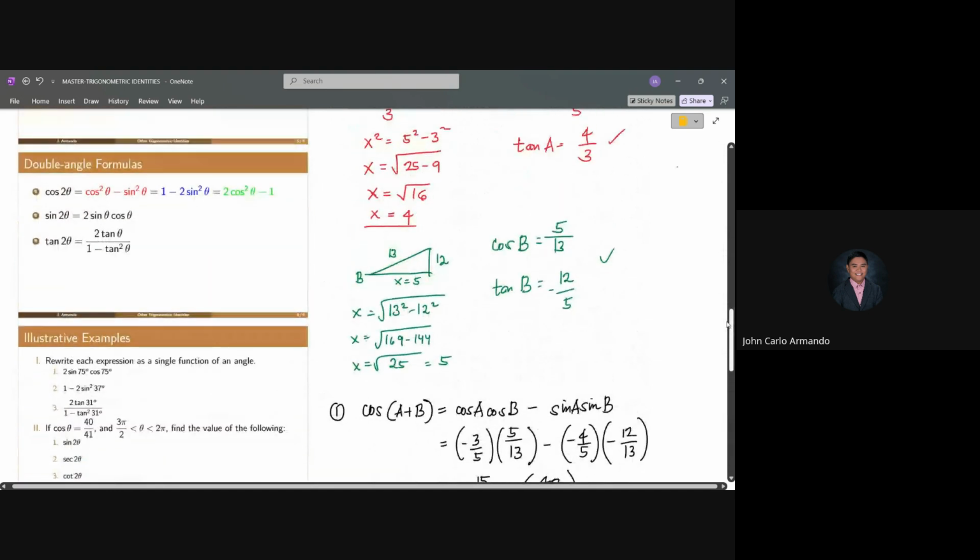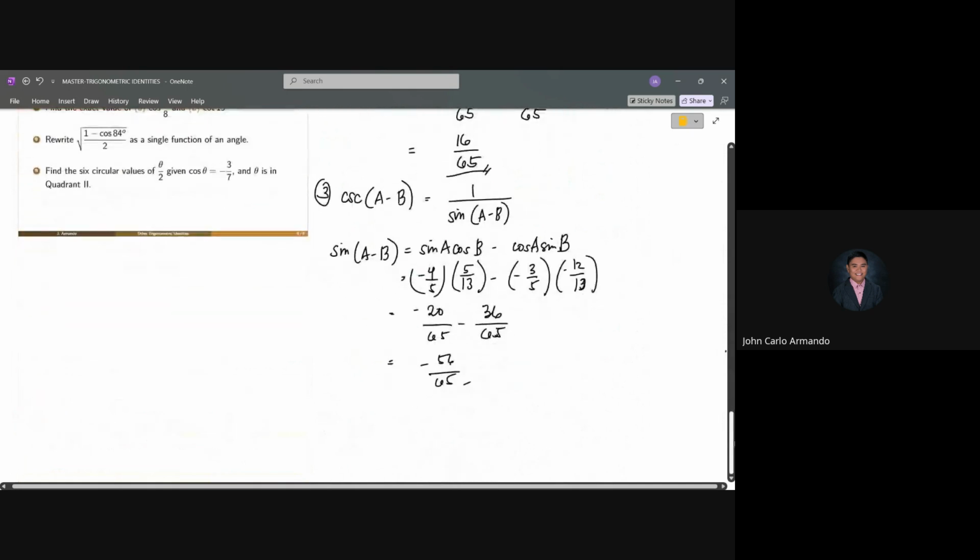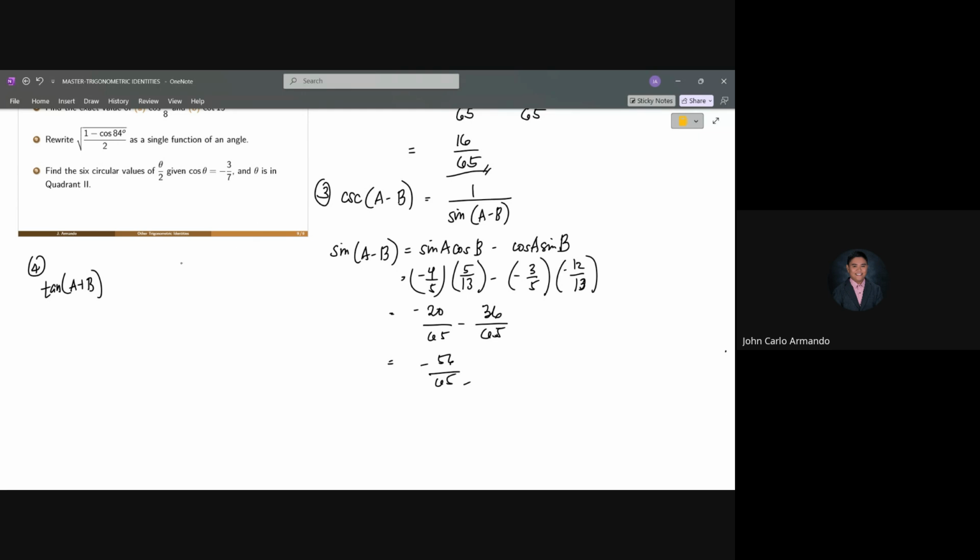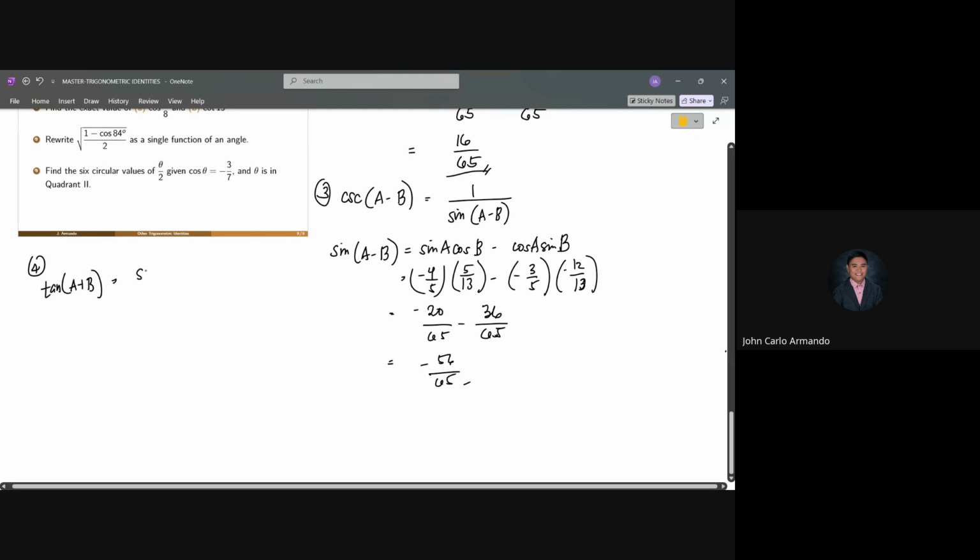How about the tangent A plus B? We can use the formula for tangent, but also we can use the quotient identity, because we know already the value of sine A plus B and cos A plus B, to make the solution simple.